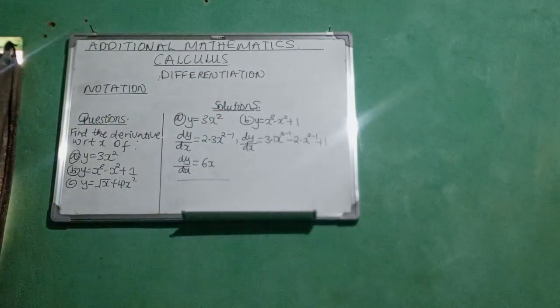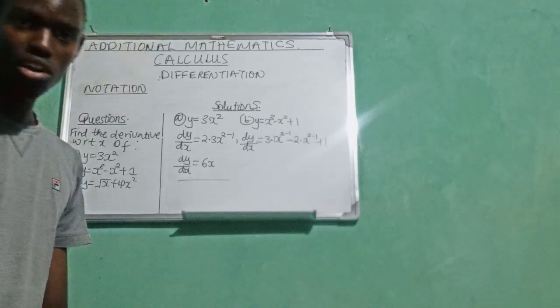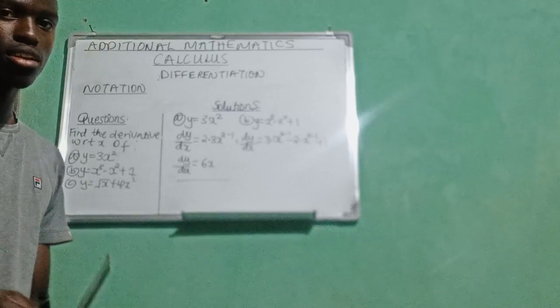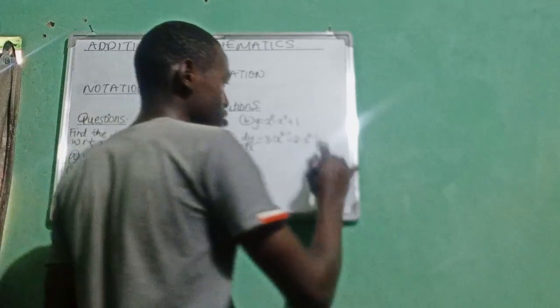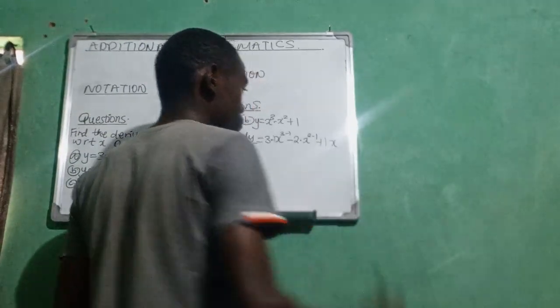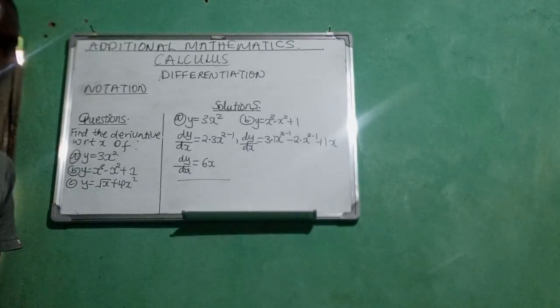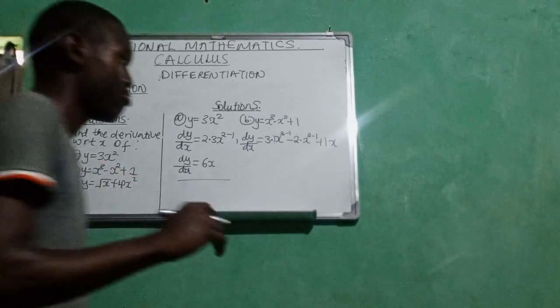Now, in calculus, what you need to know is that if you have a constant, for example, in this case, the constant is the number 1, there is an invisible x there that you cannot see. Now, what you need to know about this invisible x is that it is raised to the power 0.